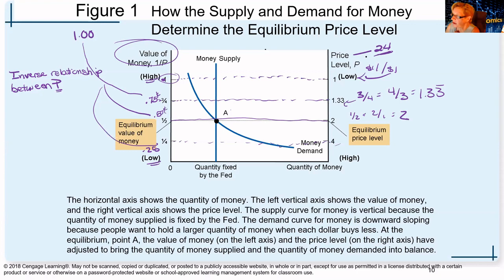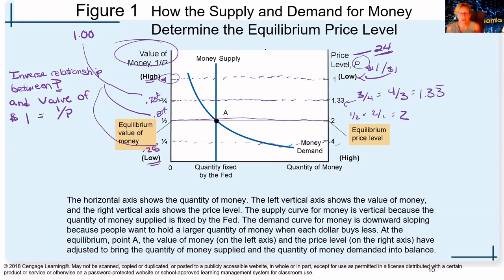So this P is the price level. Notice it goes from high on the bottom to low. So it's exactly the opposite. That's why I'm saying there's an inverse relationship between prices and the value of a dollar, which is equal to 1 over the price level.